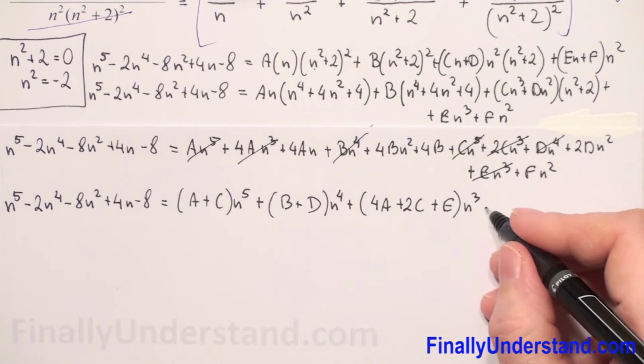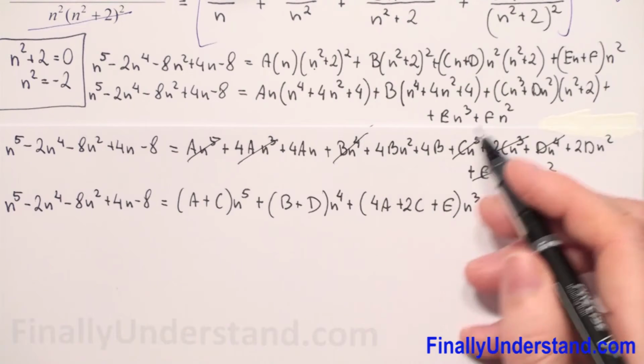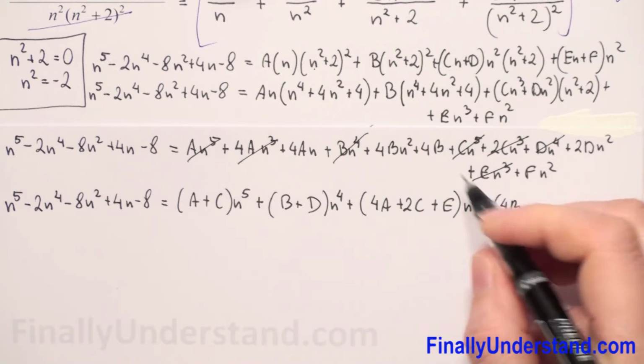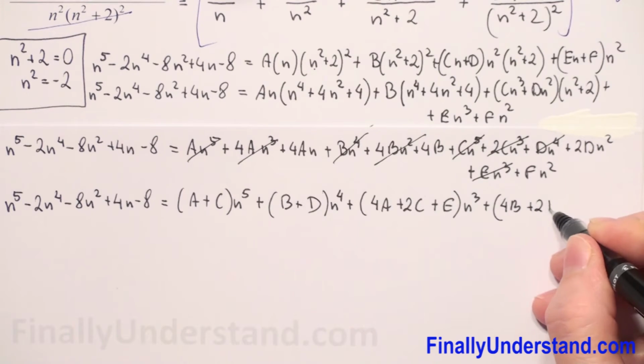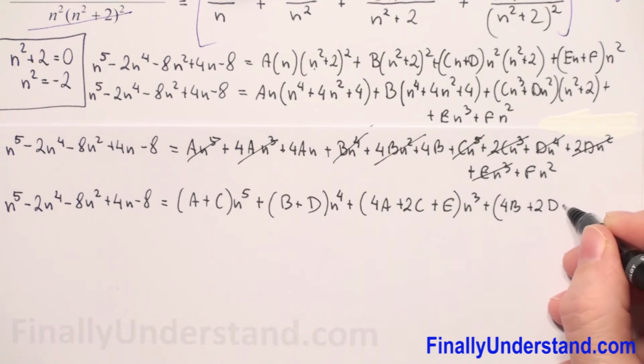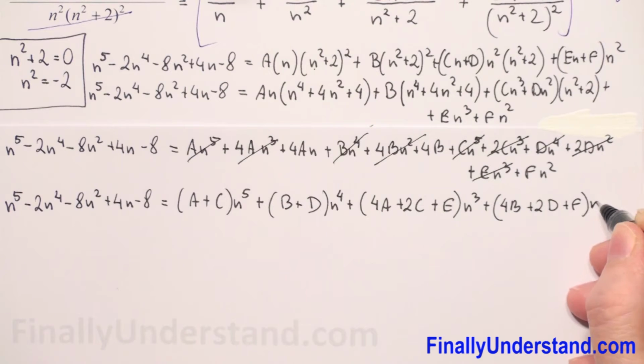Next with n squared, so we have 4b n squared plus 2d n squared and plus f times n squared.